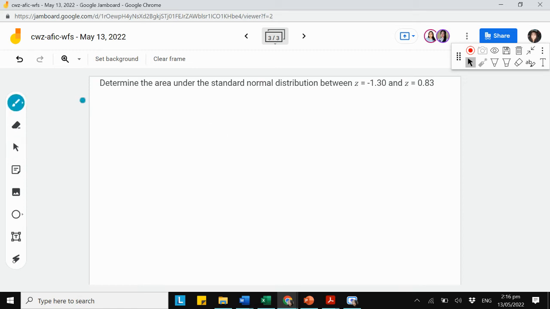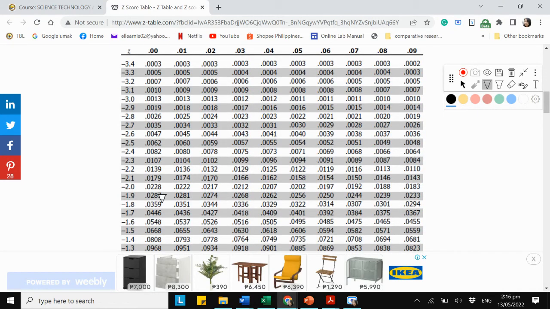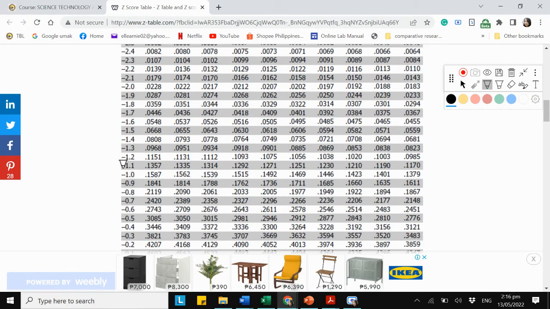So here, z is equal to negative 1.30. Okay? So, balikan natin si table. So, negative 1.30, ito yon. 1.30 yung ginamit natin. So, ito lang siya, 0.968. So, let me just get a screenshot.